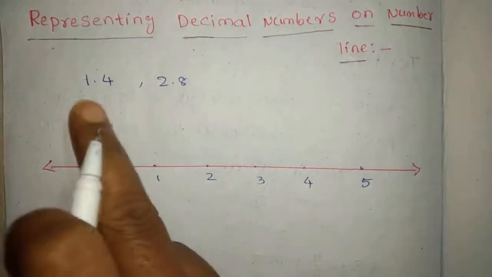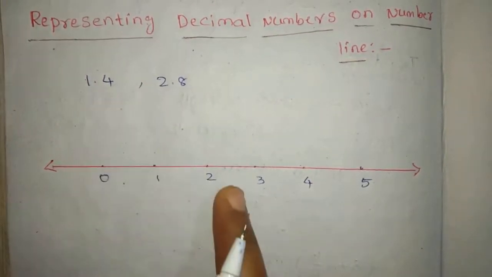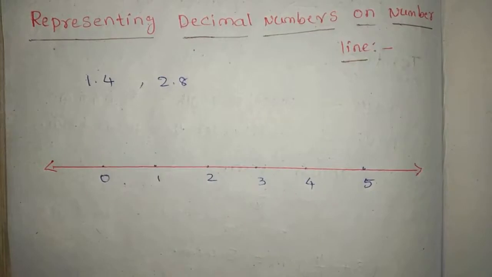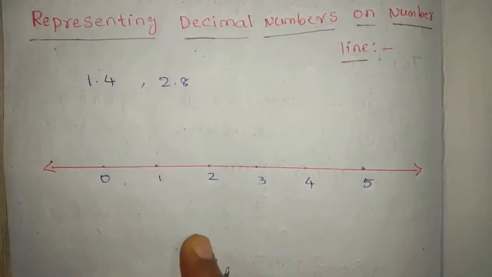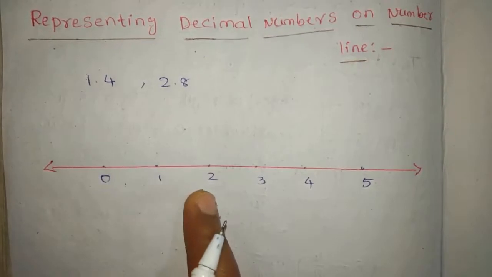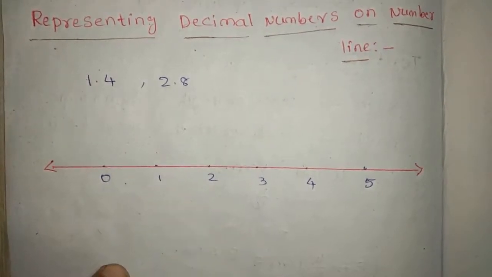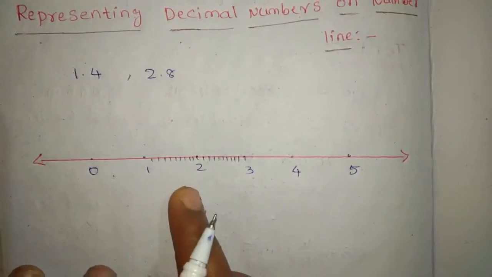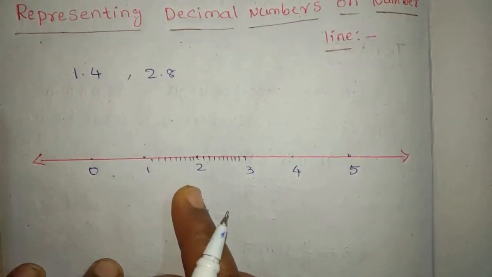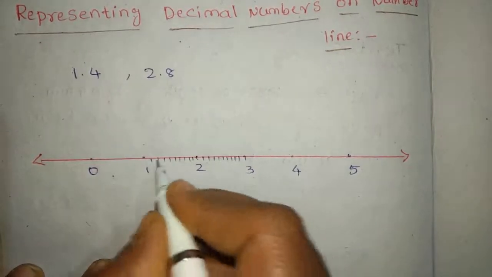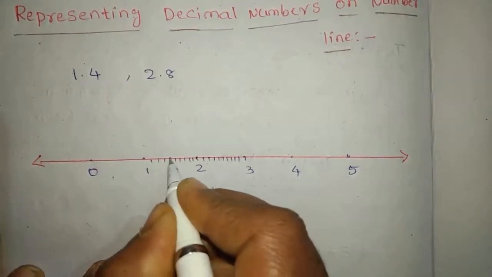Now, represent 1.4 on the number line. After 1 and 2, let's make 10 equal parts. Out of these 10 equal parts, we want the fourth part: 1, 2, 3, 4.